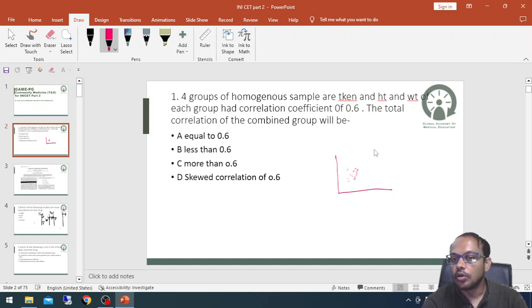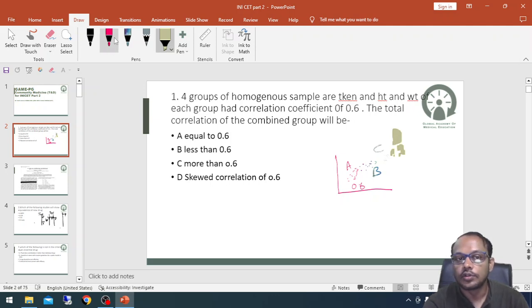This is the correlation coefficient of 0.6 of group A, this is the correlation coefficient of 0.6 of group B, this is the correlation coefficient of group C, okay, and this is the correlation coefficient of group D, okay.